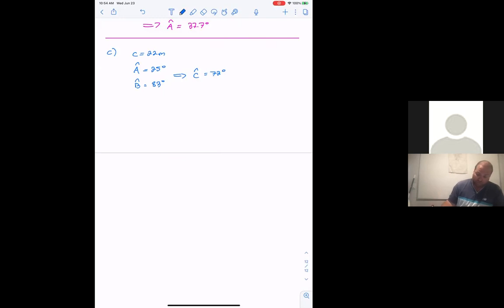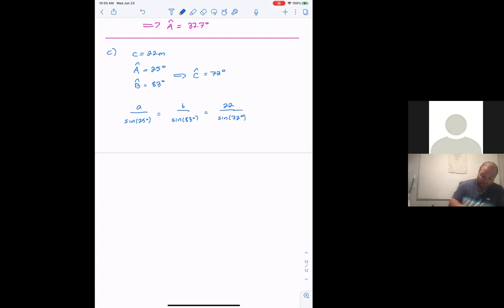I have to use the law of sines. So we're looking for the other two sides: A over sine of 25 degrees equals B over sine of 83 degrees equals C over sine of 72 degrees.